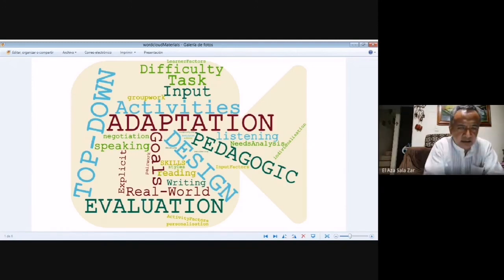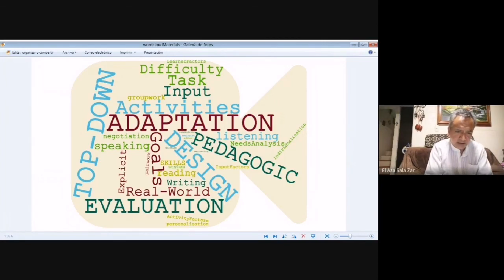Okay, there's another word, explicit. We are aware that the student is conscious of the process. He knows he is learning language. The materials are explicit, but also the process of the learning of a language is an intellectual task. The idea that the learner consciously affects the learning process.